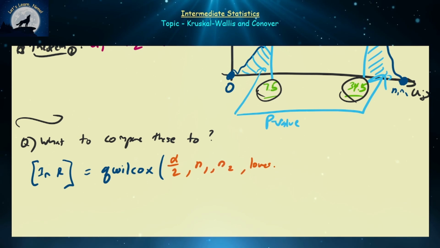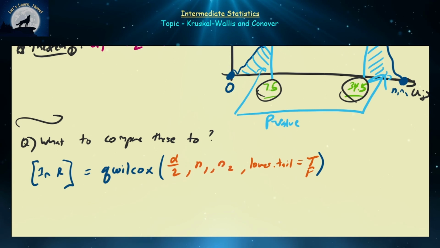And then we can do lower.tail equal to TRUE, or you could do lower.tail equal to FALSE, depending on the values that you actually want to get, right? And these are going to give you critical values associated to your distribution. You can call it, say, U crit L and U crit R to compare to U stat L and U stat R, for example. Right?